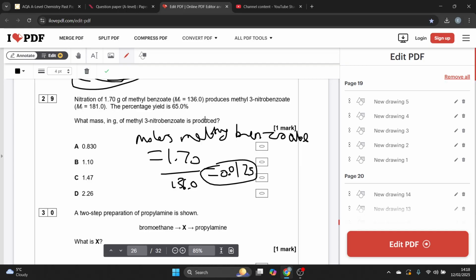But the question gives me the percentage yield, which is 65%. So I do 2.2625 times 65 divided by 100 to find the mass produced, and I get 1.47. Therefore the answer is C, 1.47.